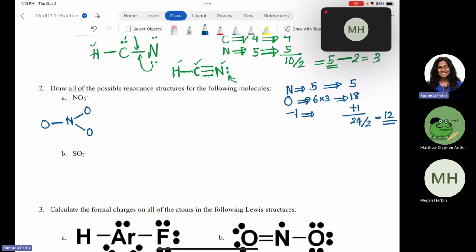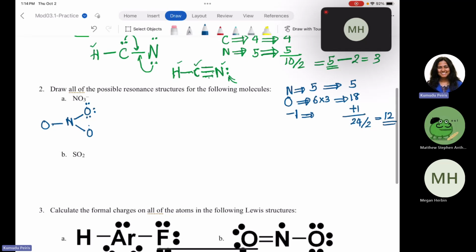Now next I should complete the octets for the terminal atoms. That must be the first thing I should do. 1, 2, 3, 4, 5, 6, making the octet for oxygen. Next, making the octet for the other oxygen.